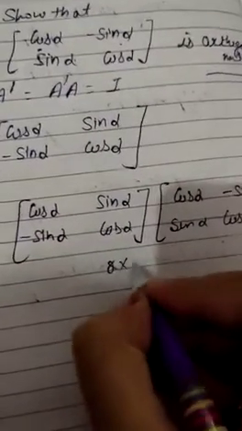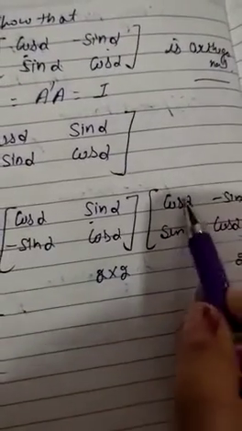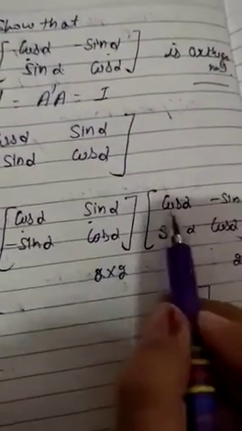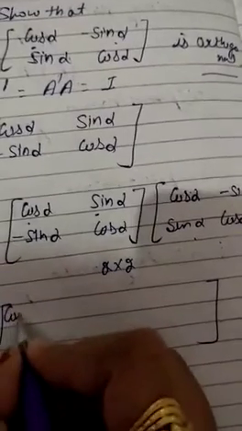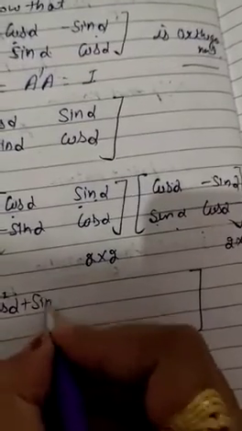This is a 2 cross 2 matrix. This is also a 2 cross 2 matrix, so the multiplication is possible. How are we able to find the multiplication? First row, first column: cos alpha multiplied with cos alpha is cos square alpha, plus sin alpha multiplied with sin alpha, sin square alpha.